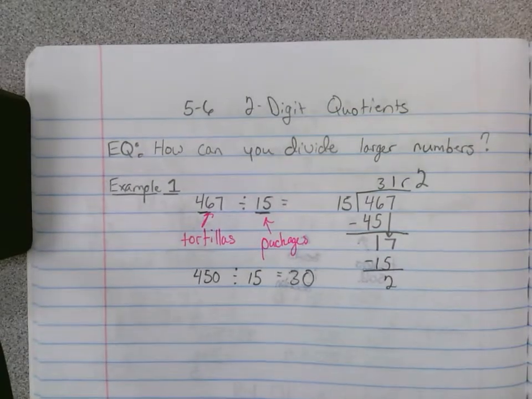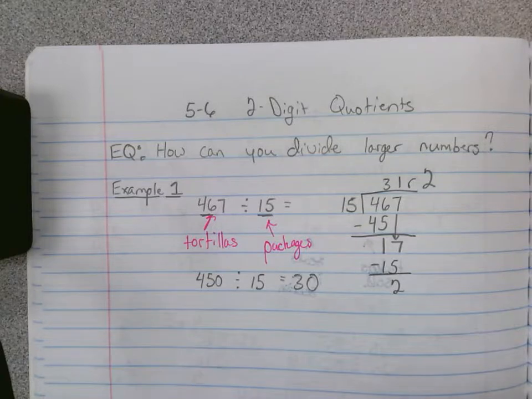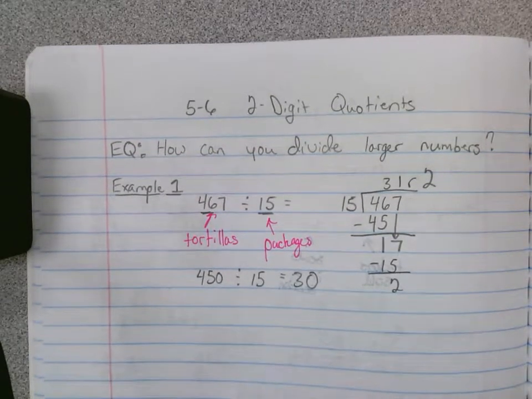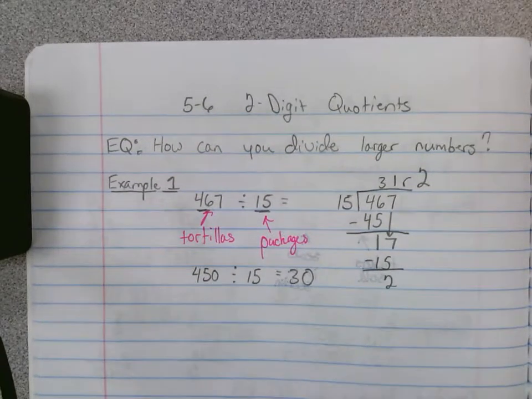Once again, if you want to pause the video right now so you can catch up on the notes, now would be a good time to do that. For example number 2, we're going to use number 6 on guided practice.